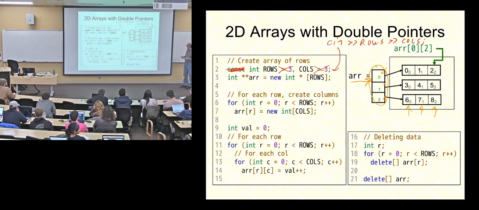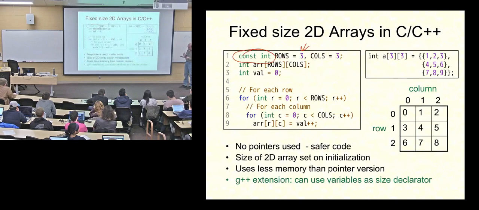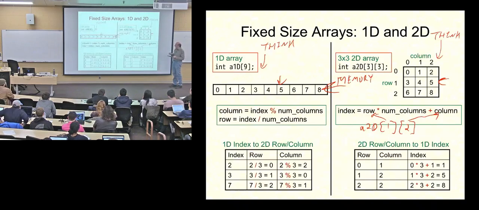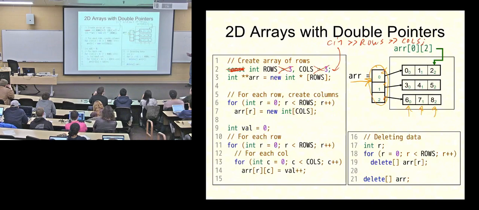Let's see, what was I going to say? Oh, the other thing is about the memory. We mentioned on the last slide that this version uses less memory than the next one. Well, this one is laid out in memory like this right here. This needs room for 9 integers. How much memory does our version over here require?